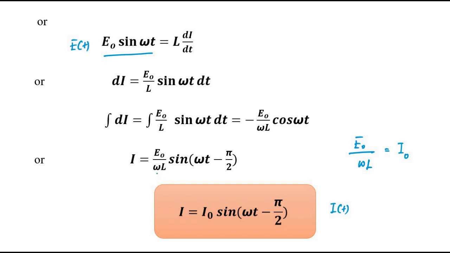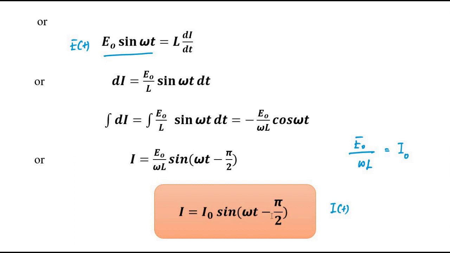So the current lags behind the voltage or the EMF by 90 degrees, or pi by 2 radians, whereas in purely capacitive circuits, the current used to lead the applied voltage by 90 degrees or pi by 2 radians. It was plus pi by 2.